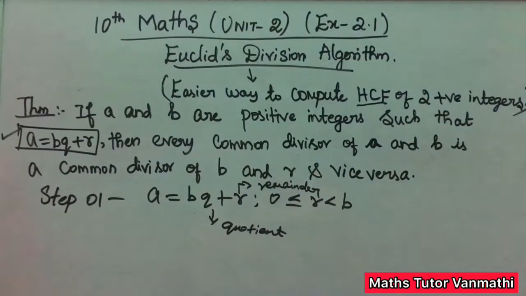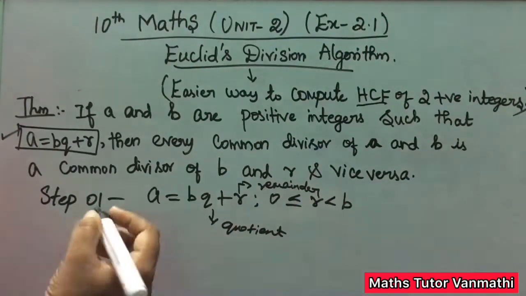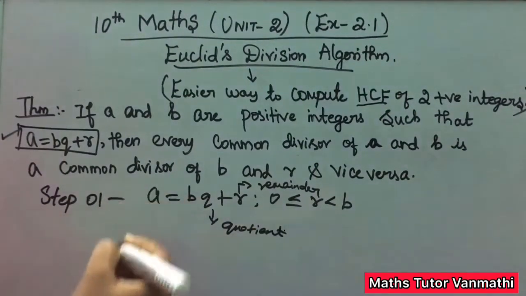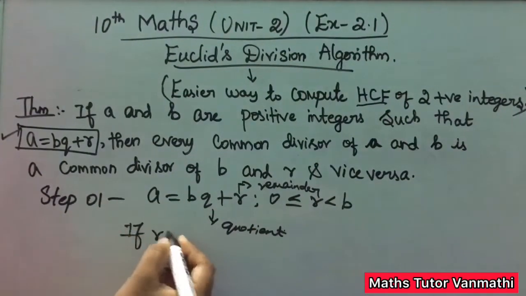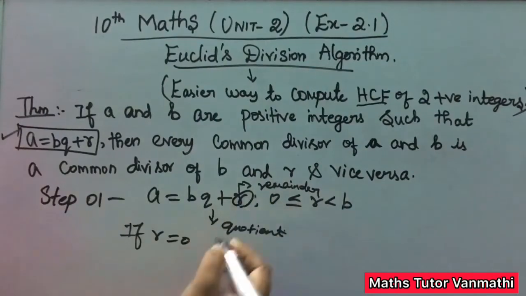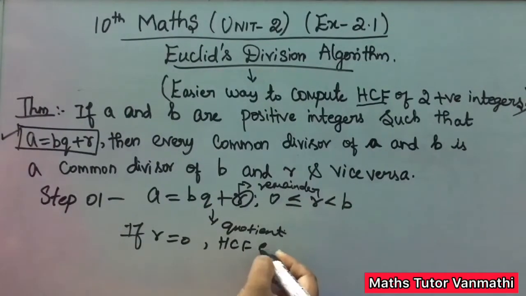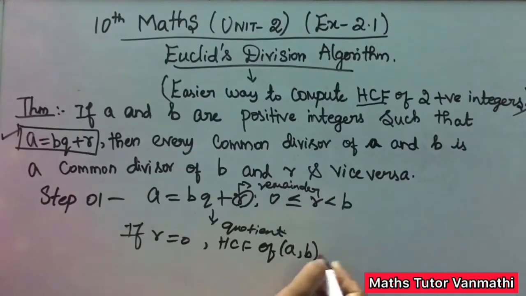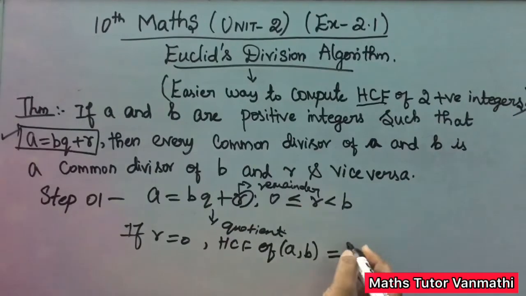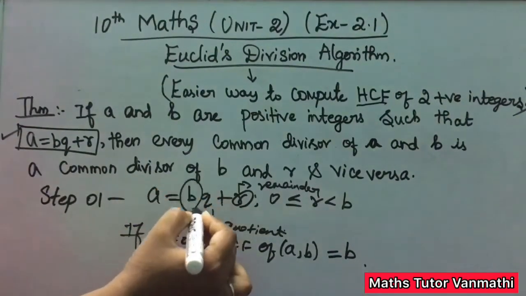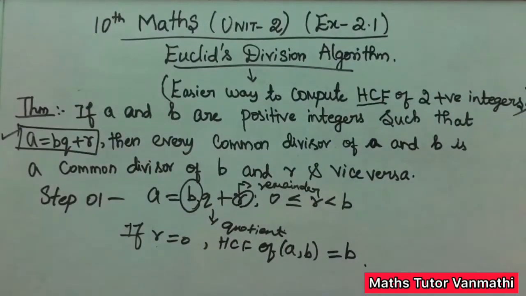If R equals 0, then the highest common factor of A comma B is your B. Okay, if it is 0, then this B is your highest common factor. This is your first step, that is Euclid's division lemma.